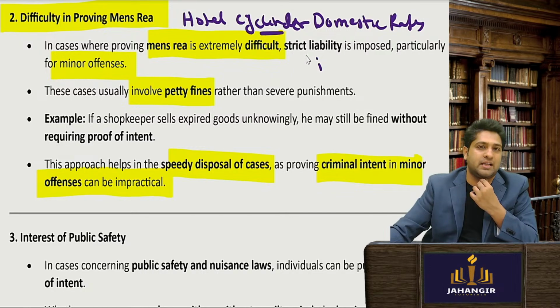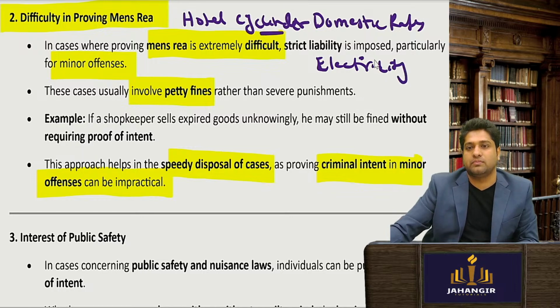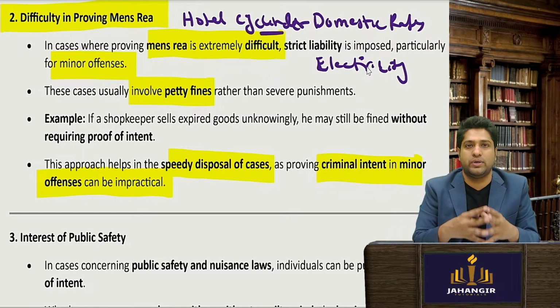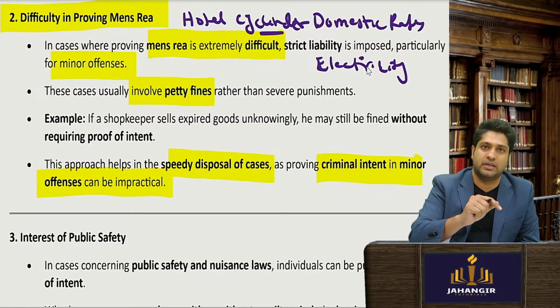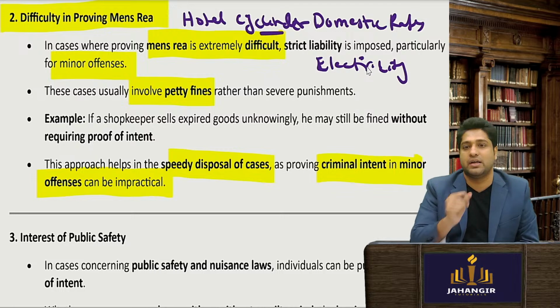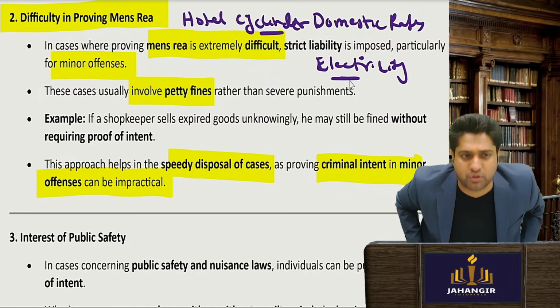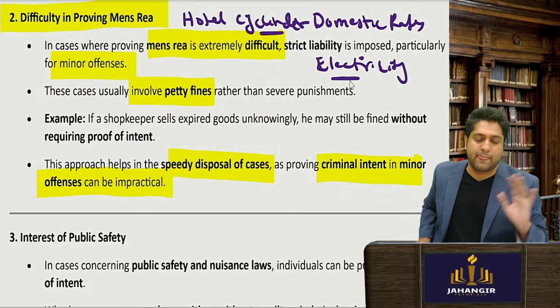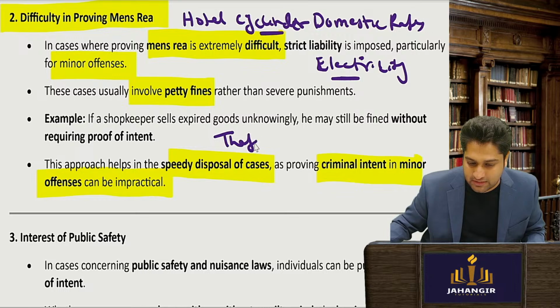Another example is if in your house you're doing some commercial activity and the meter rates are different. Reading rates are different for commercial and residential, but you are doing commercial activity, and when the law catches you, they can put a penalty on you. Simple. Okay. Next is theft of electricity.